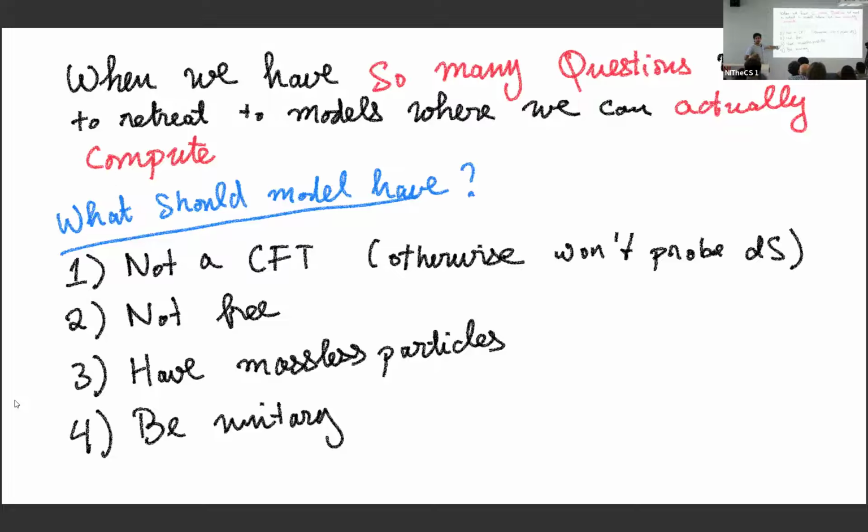It should have massless particles. Remember I told you massless scalars are weird. We don't understand them, so maybe if we can find a theory that has massless particles, we can learn something. And of course, we want it to be unitary. I just want a QFT that has these properties, and I'm going to put it on de Sitter.